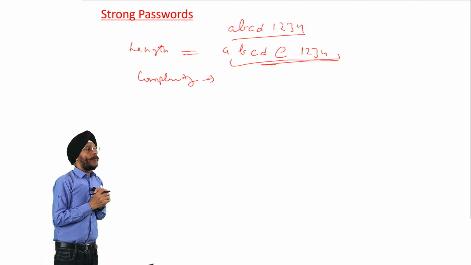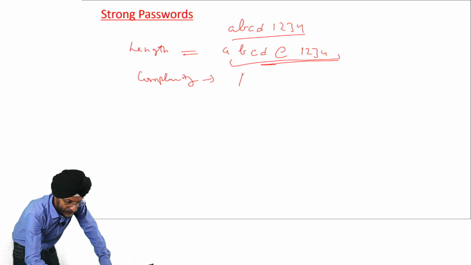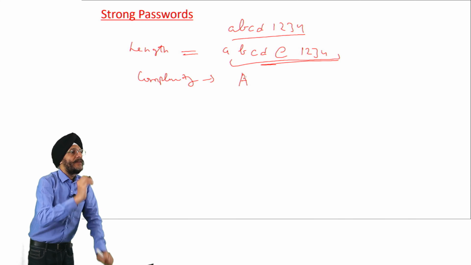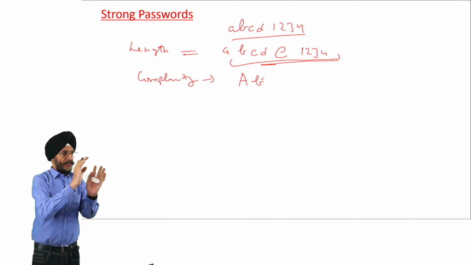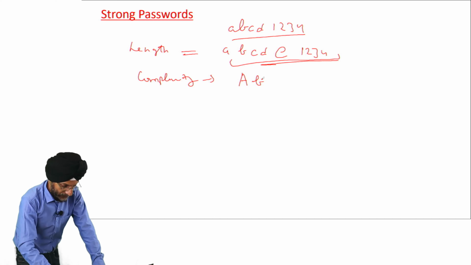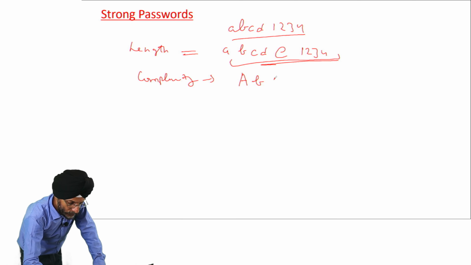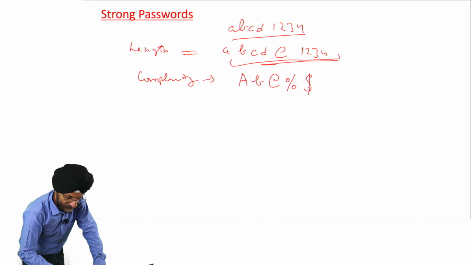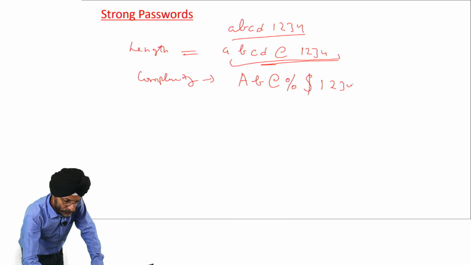How can we make it complex? We can use uppercase characters, and we can also use normal lowercase characters. Then we can use special symbols, and also numerals.